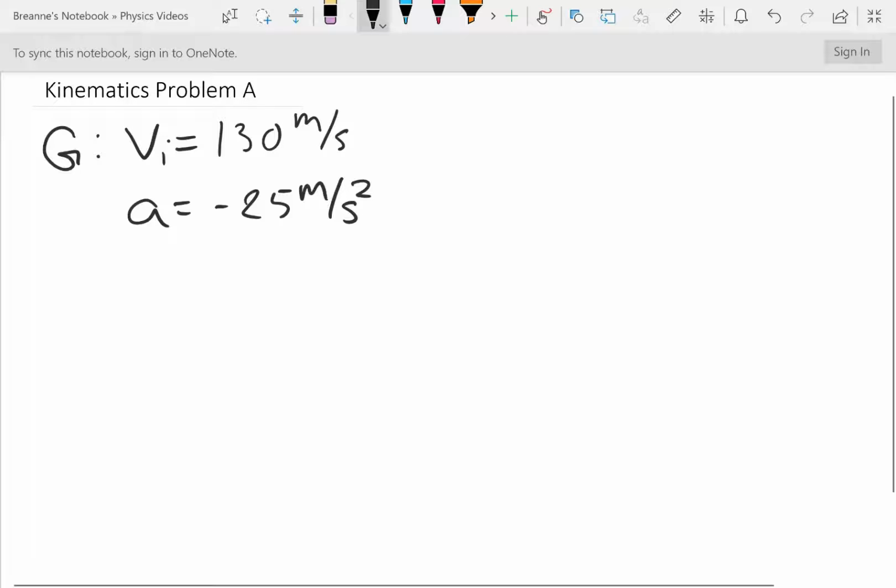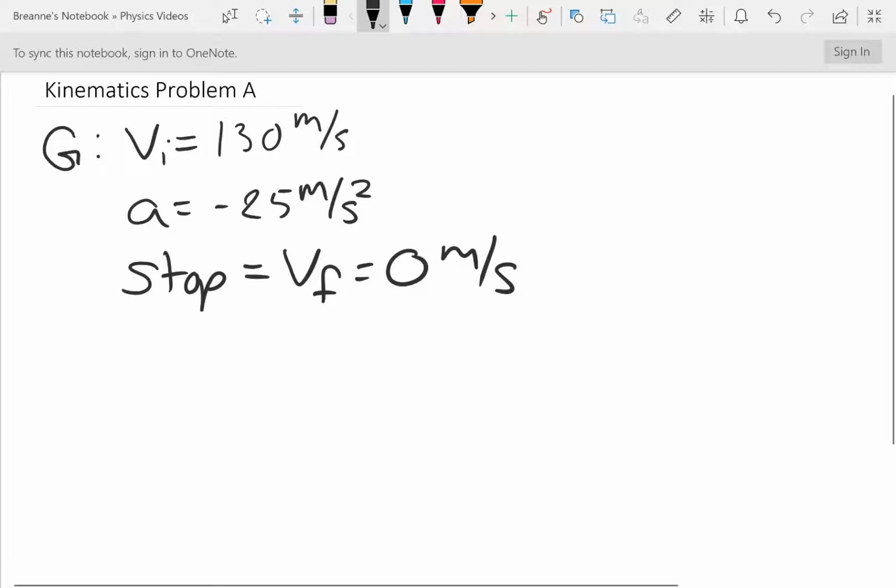Let's do part A. Part A says, how long will it take to stop the car? Stop is another given. So how fast are you moving when you're stopped? 0. Good job. So it's telling you your final velocity is 0 because it's stopping, which makes sense.